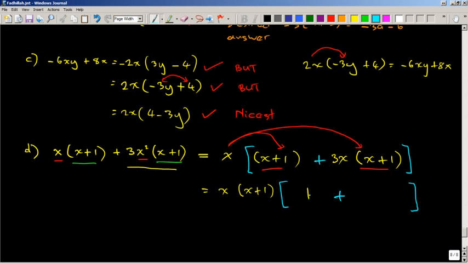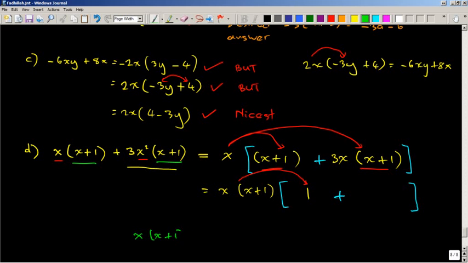Do you understand how I get 1 here? No. What do you think is the right value? First of all, what do you think is the right value, if not 1? Not sure. Okay, put it this way. If I want to throw this blue bracket away, I need to multiply X and X plus 1 times 1. What will we get?